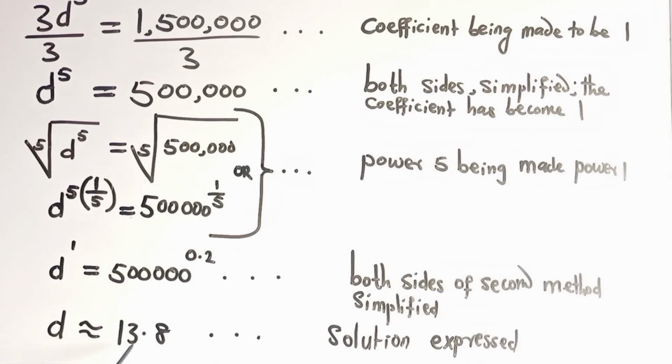What this d equal to 13.8 shows is that the drug or the medicine for that man's sickness must be found on or before the 13.8th day, which is on or before the 14th day approximately, which is 2 weeks. 13.8 when approximated will be equal to 14.